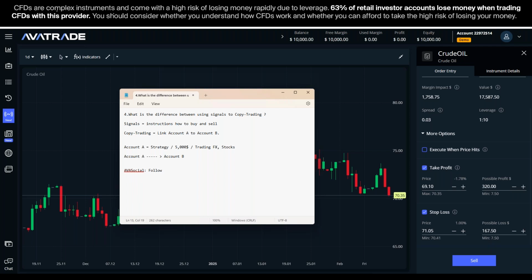Okay, so this is follow, and to copy actually means that your account will be linked to another trader's account, and it will run automatically without you taking any position. It will open the position, execute the positions on your behalf, similarly to the trader that you are copying.